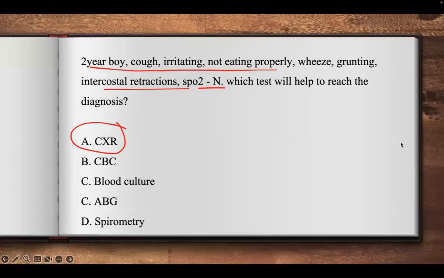Low oxygen without fever, no cultures or bloods required. Fever is the only thing that can bring about other differentials like pneumonia, which is the main thing we have to consider in that age child. No other investigations are necessary.